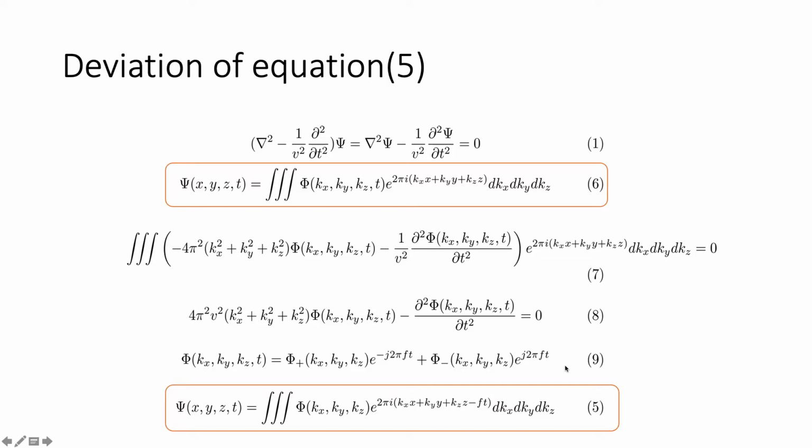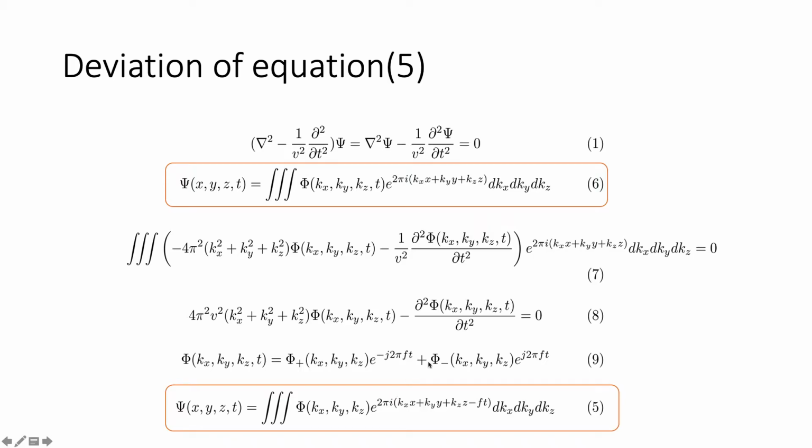The function phi positive represents a planar wave propagating in the direction positive k, and phi negative represents the wave propagating in the opposite direction, negative k. It is convention that the wave propagates in one direction for each wave vector k by setting one of phi positive or phi negative to 0.